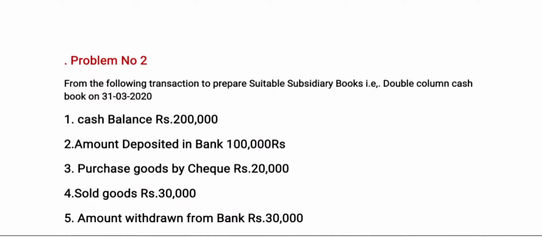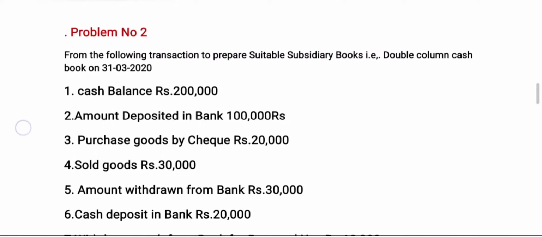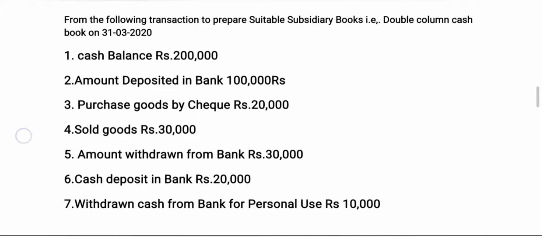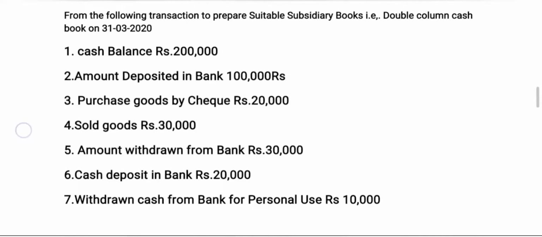Problem number 2, that is the cash and bank column book. From the following transactions, prepare the suitable subsidiary book, that is the double column cash book as on 31st March 2020. Transaction 1, cash balance 2 lakhs rupees. Transaction 2, amount deposited in bank 1 lakh rupees.